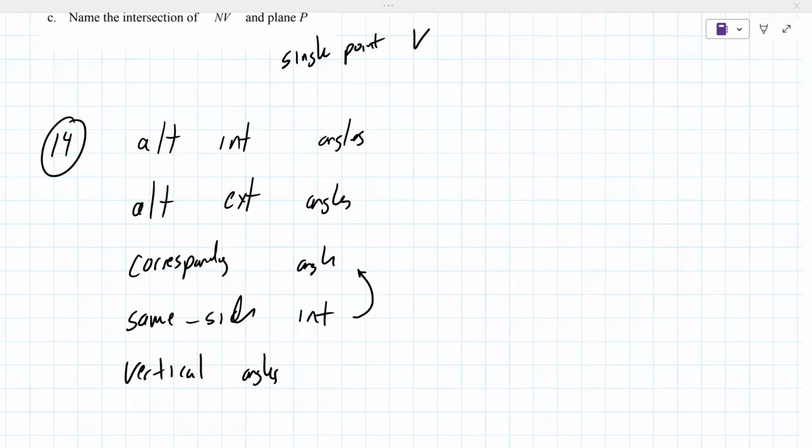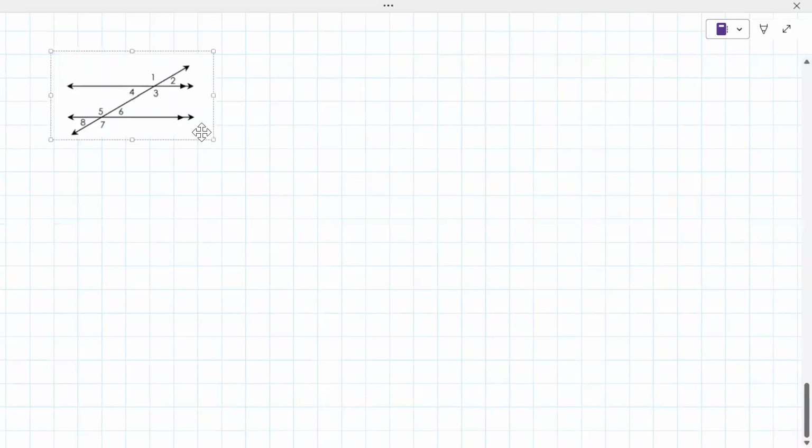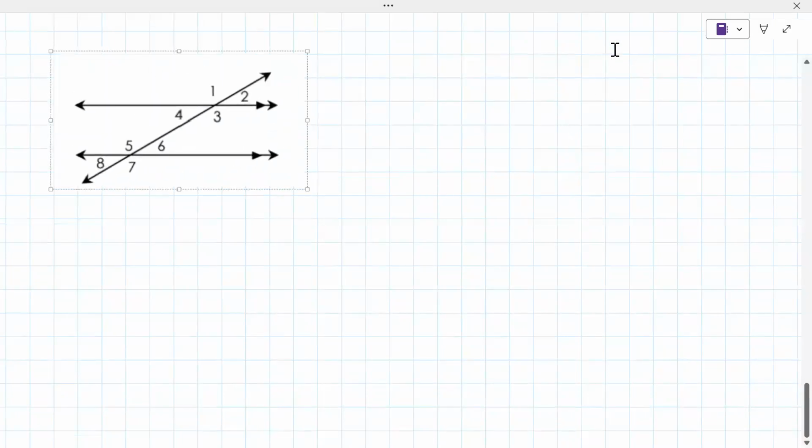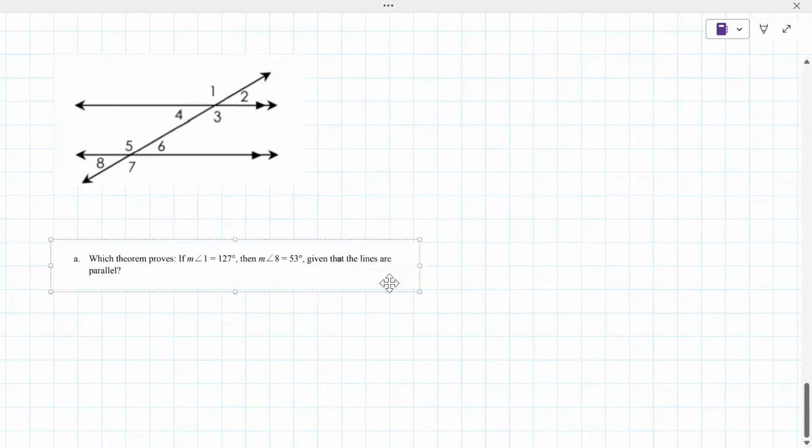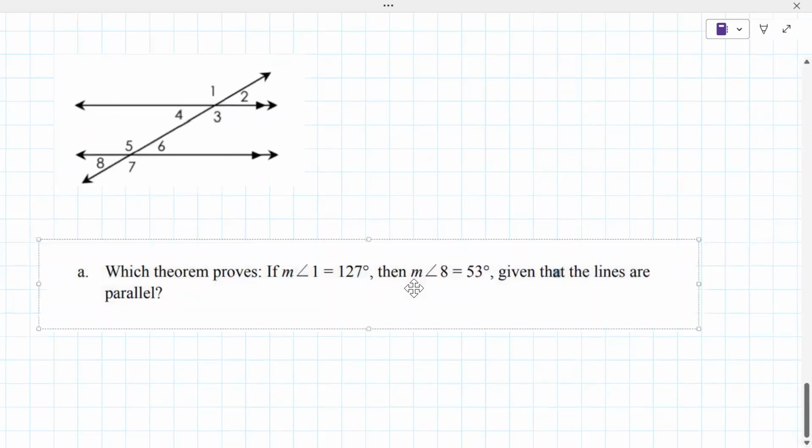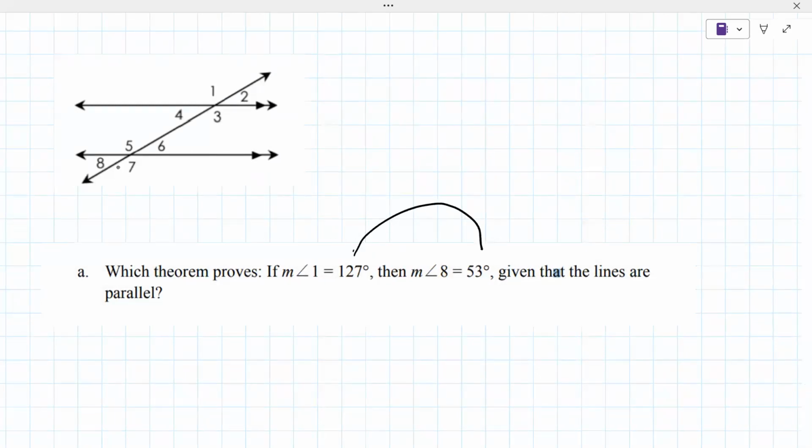All right, let's look at this picture for 14. You've got it up on yours there. And then let's grab part A. We're looking at angle 1 and angle 8. If you add them together, what do they add up to? 180.